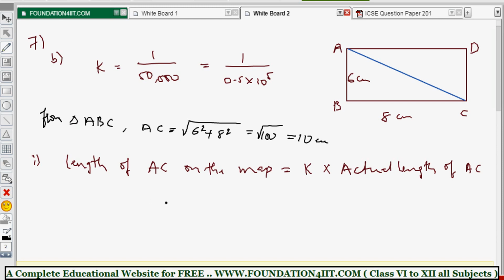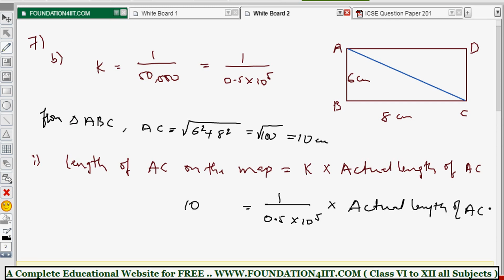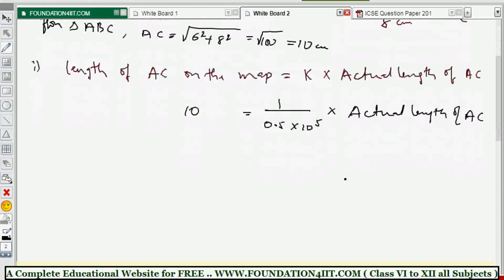That is the length of AC on the map. So 10 is equal to K into the actual length, where K is 1 by 0.5 into 10 to the power of 5. Then we can find out the actual length of AC.